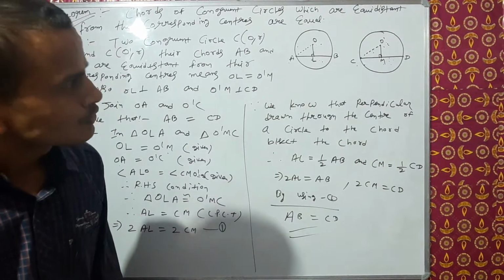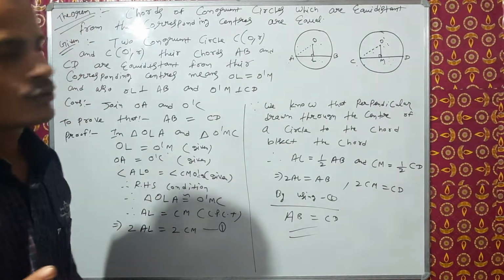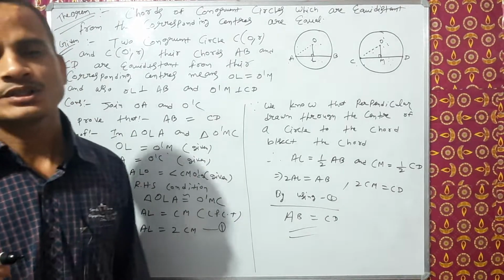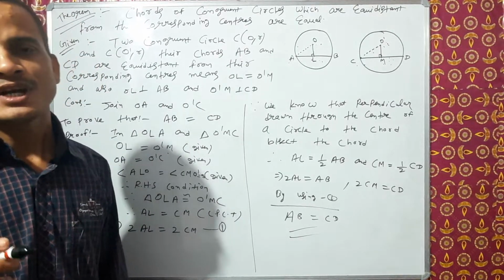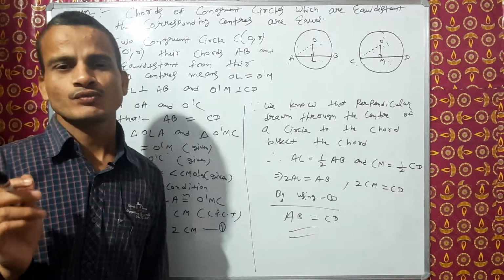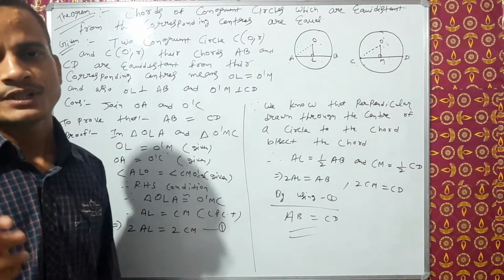If we want to know which congruence condition is used for the congruence of both triangles, we can identify it when we see the figure in a proper way.